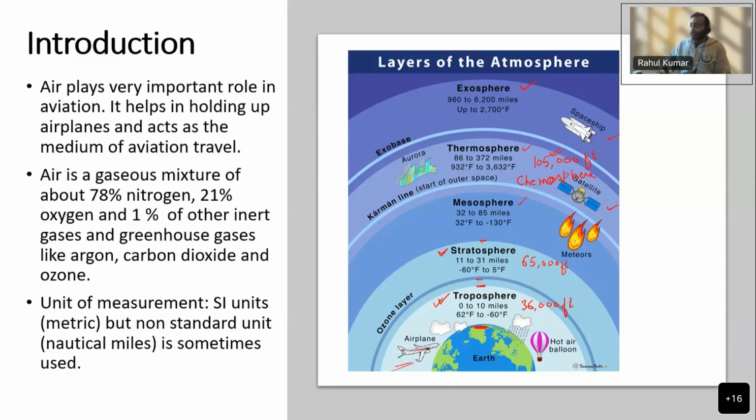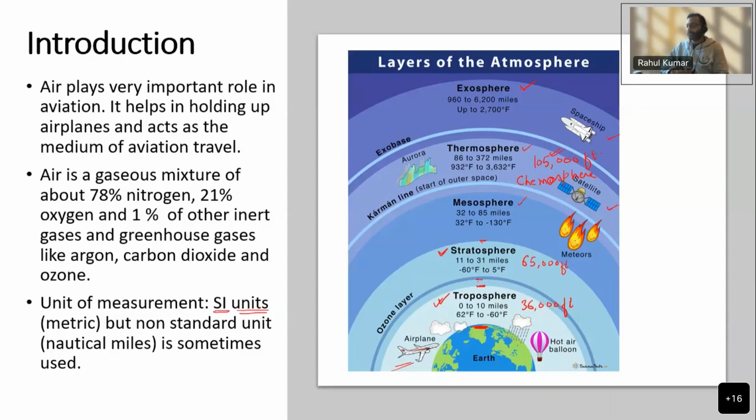The unit which we use to measure atmospheric pressure, temperature and airspeed is the standard international unit, or in short SI units.